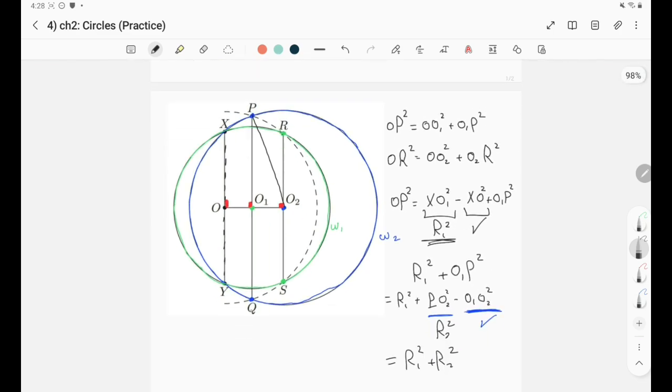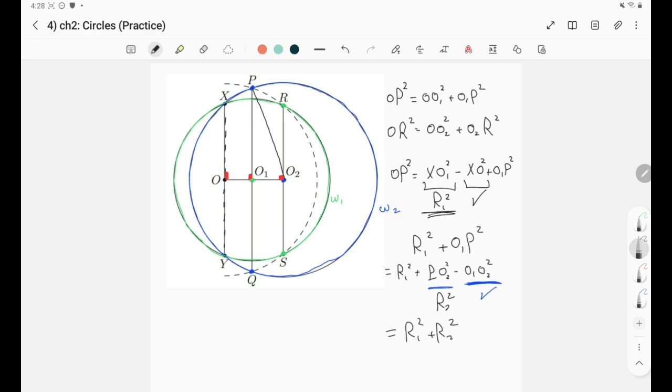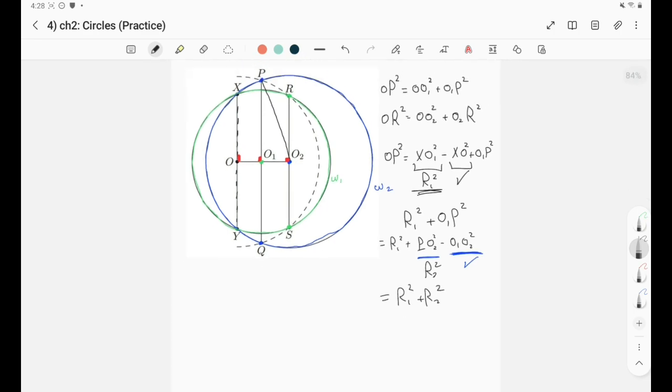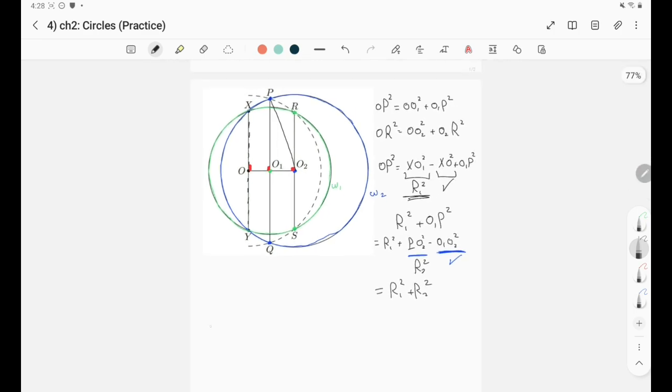So right now, of course, you're doing all of that on your draft. Now, for the real calculation, you're just going to apply a bunch of Pythagoras and go immediately like that. So you'll say OP squared is equal to OO1 squared plus O1P squared, which is equal to, you'll go and break OP.